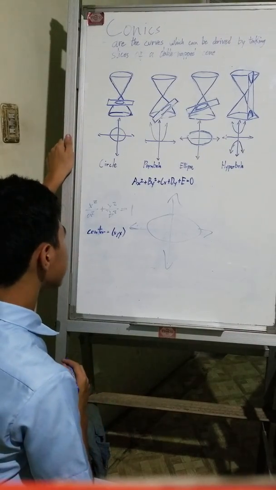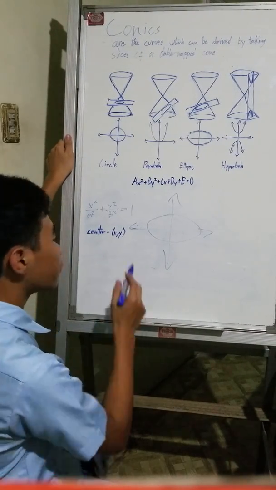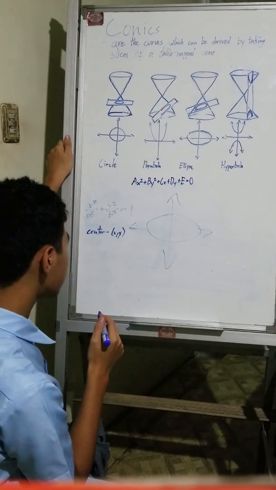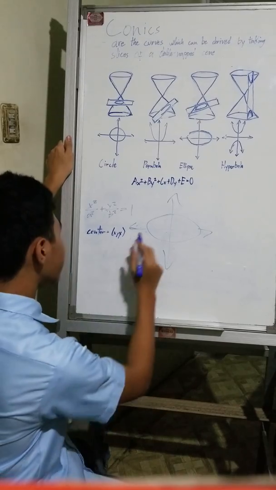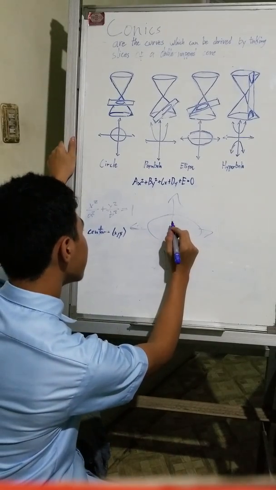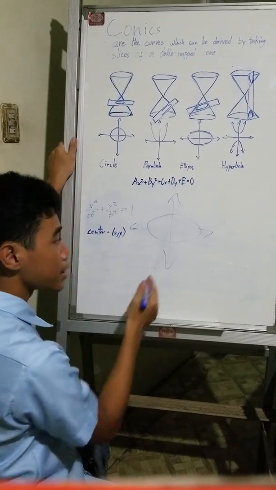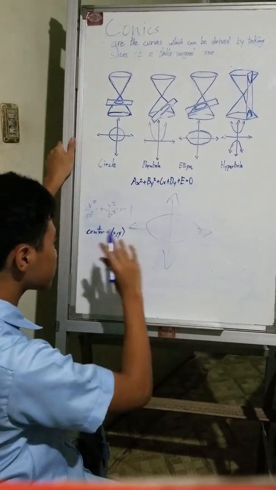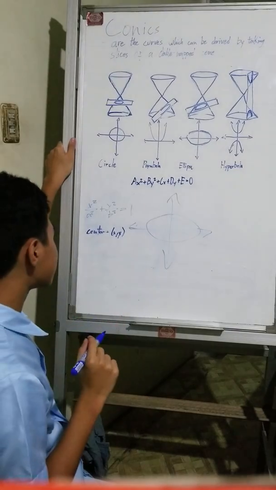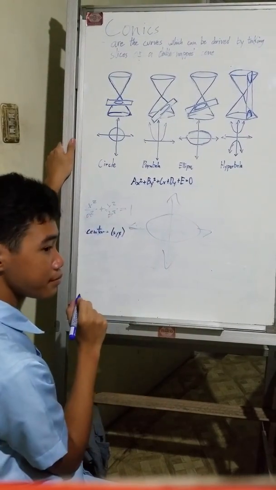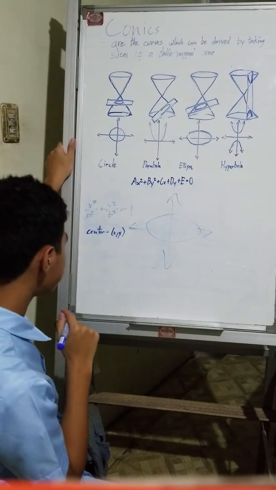Now, for this case, a is bigger than b because the major axis is along the x-axis, which means a is bigger than b. That's basically it.